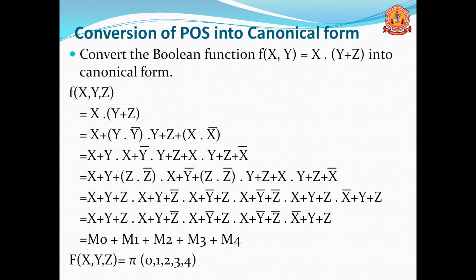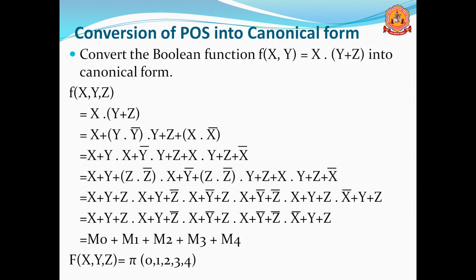Finally, if you multiply all the terms, it will be x plus y plus z dot x plus y plus z dash dot x plus y dash plus z dot x plus y dash plus z dash dot x dash plus y plus z.